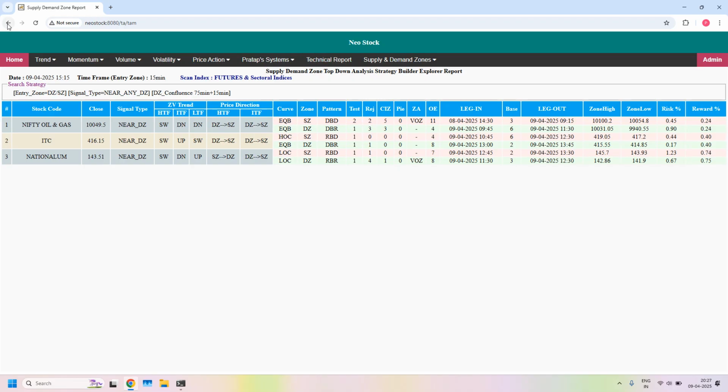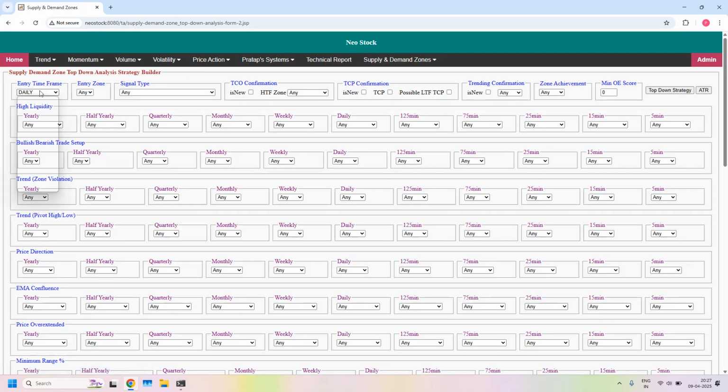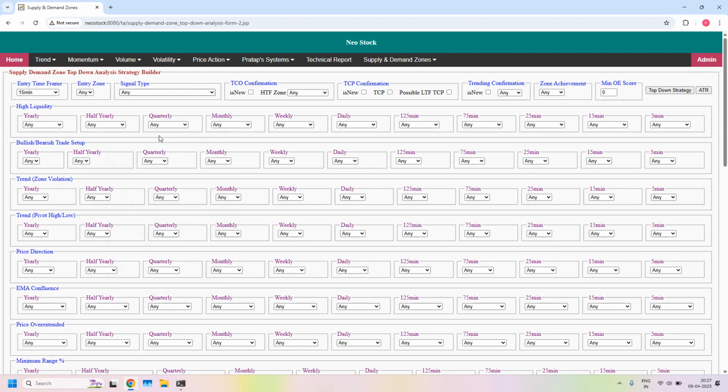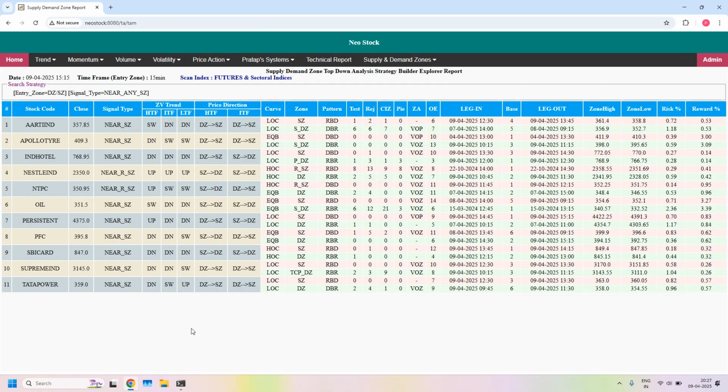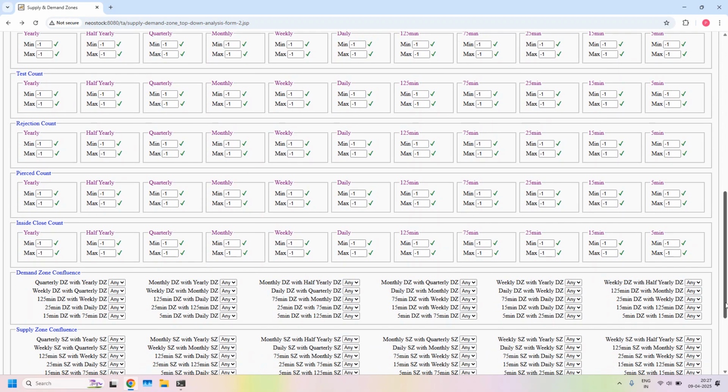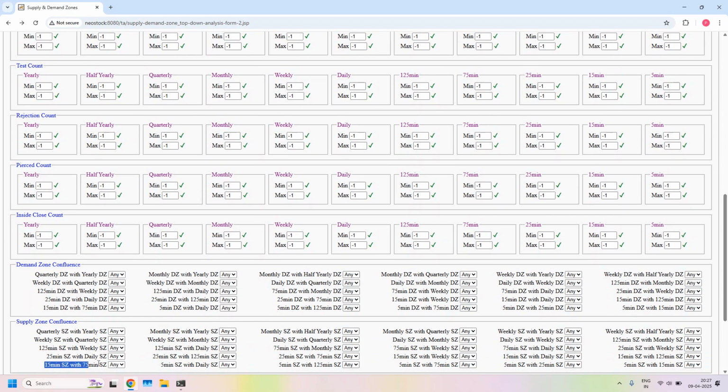Okay, next, 15 minutes time frame. Stocks near 15 minutes supply zone. We got 11 stocks. Let us further filter based on 15 minutes and 75 minutes supply zone confluence.